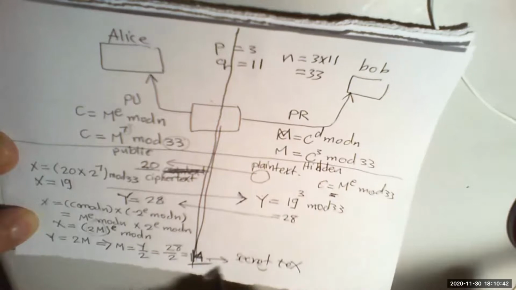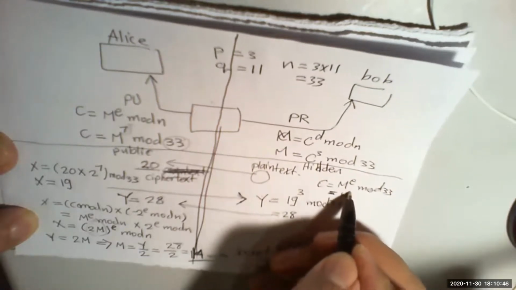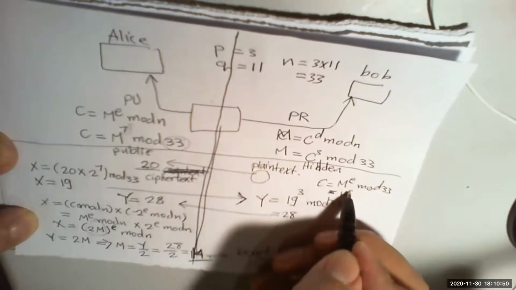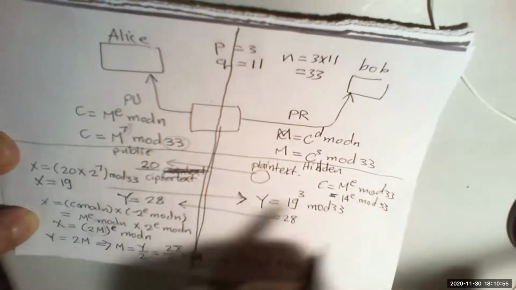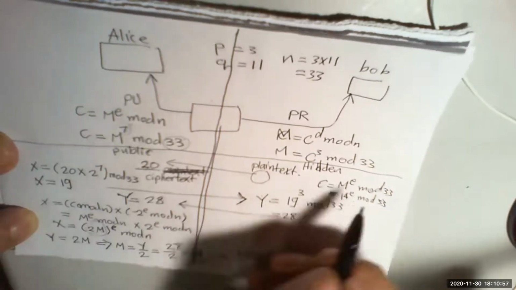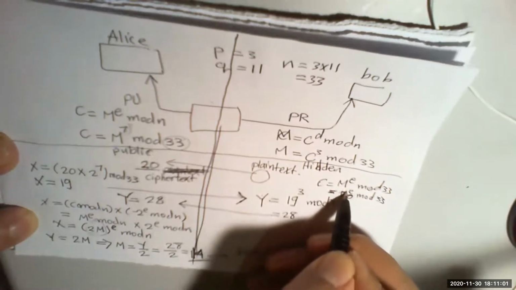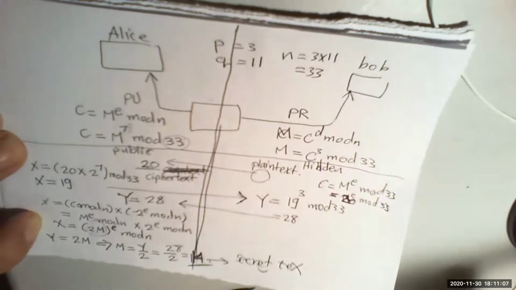I mean, m equal to 14 to the power e mod 33. If you calculate this, no, this is 20 to the power e mod 33. Okay, let us see this by calculator.